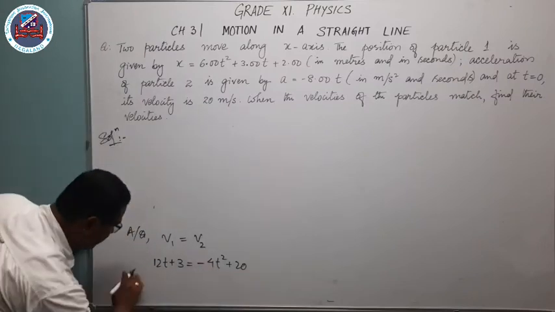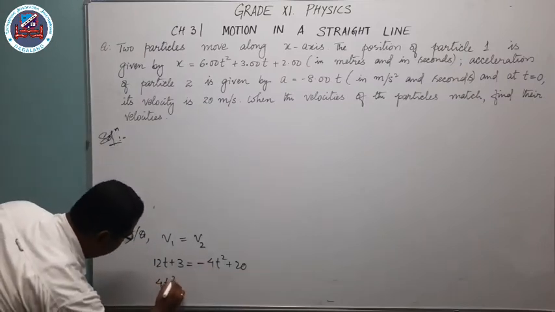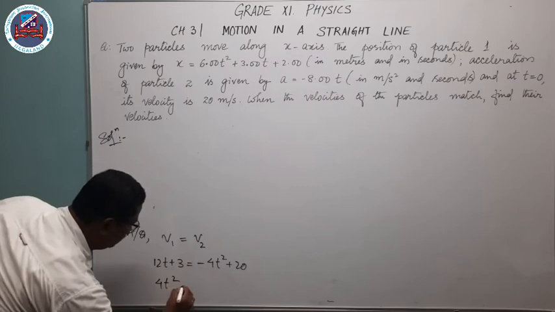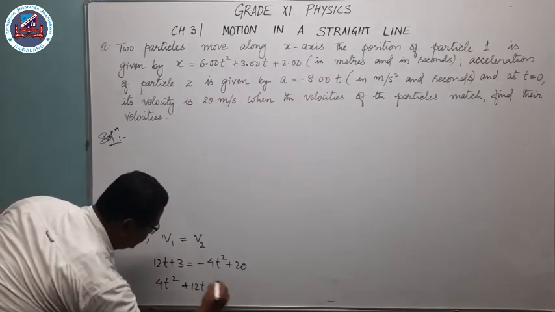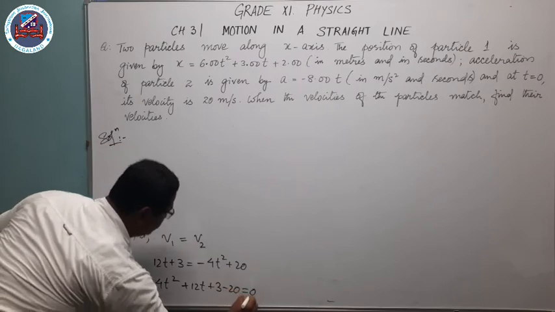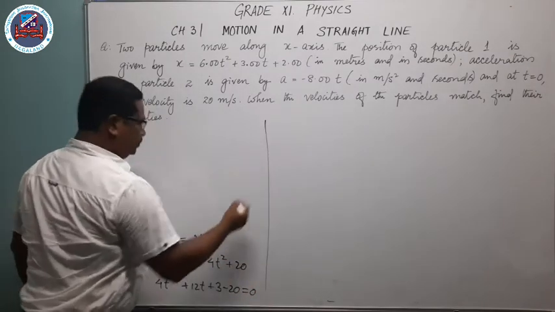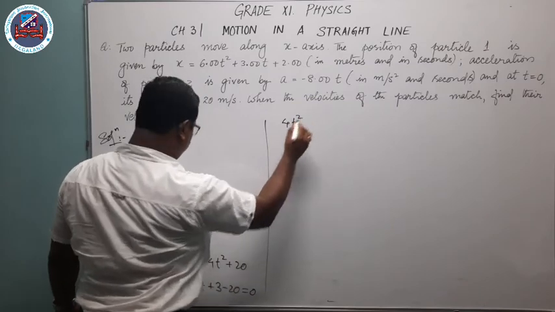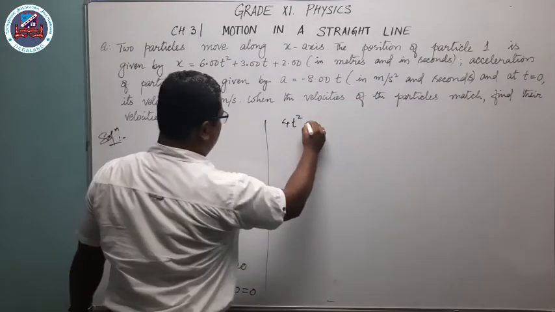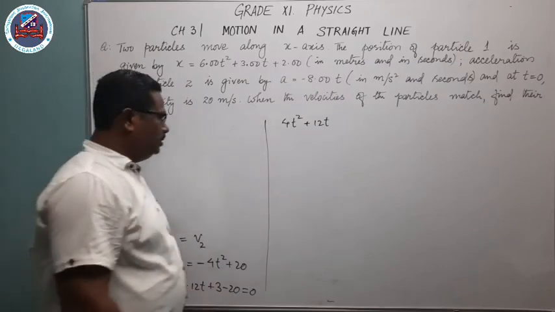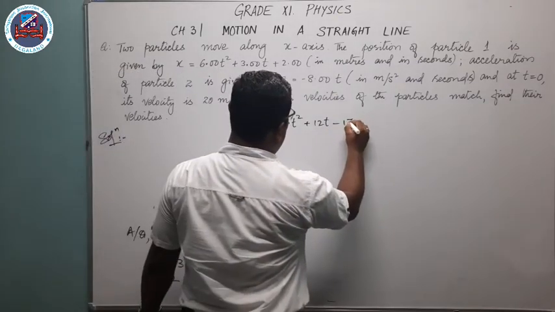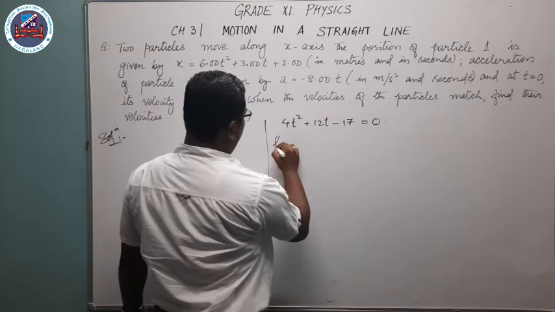So if I bring 4t squared here, minus will become plus: 4t squared plus 12t plus 3 minus 20 is equal to 0. So it will be 4t squared plus 12t, 3 minus 20 is minus 17, equal to 0.